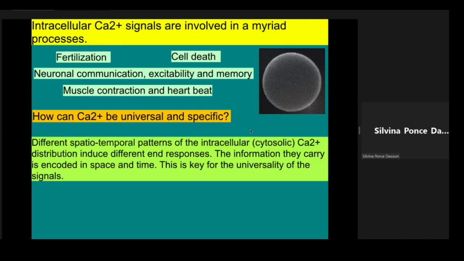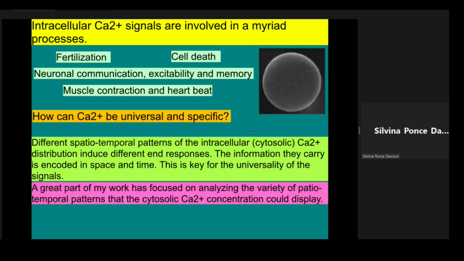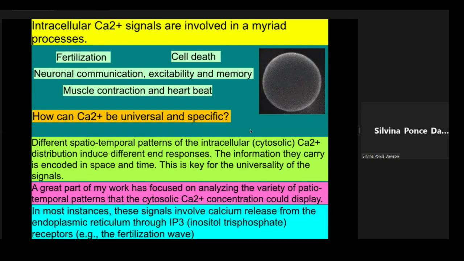And basically, the way we think of this is that you have different spatiotemporal patterns of the intracellular cytosolic calcium distribution that can induce different end responses. And that is key for the universality of the signals.